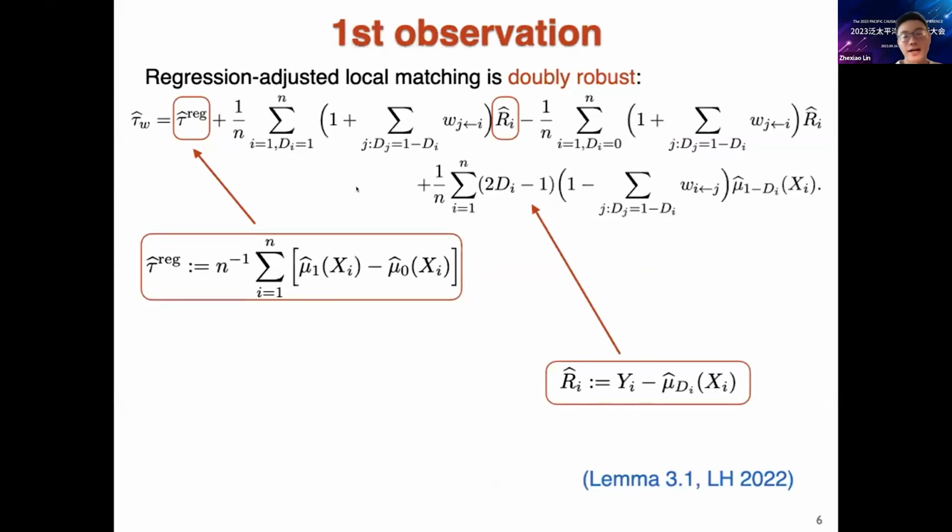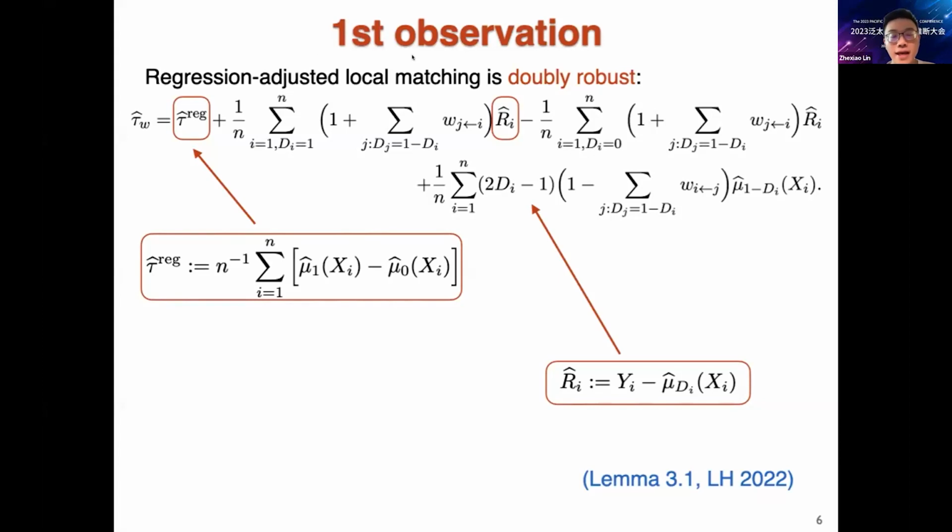We can rewrite our estimator in this way. This is very similar to the typical doubly robust estimator, because for the typical doubly robust estimator, the first term is also the regression estimator, which is the average of the difference of the two outcome models.